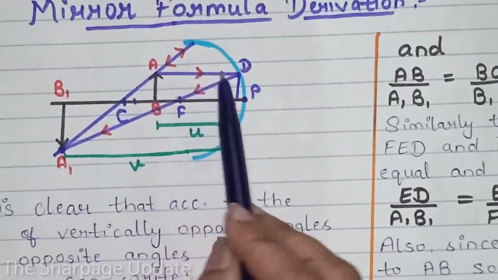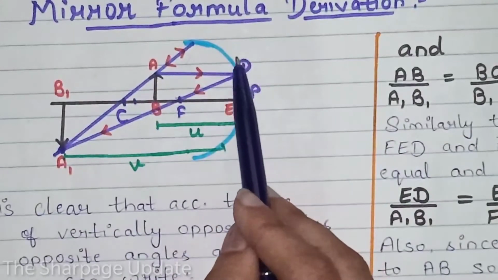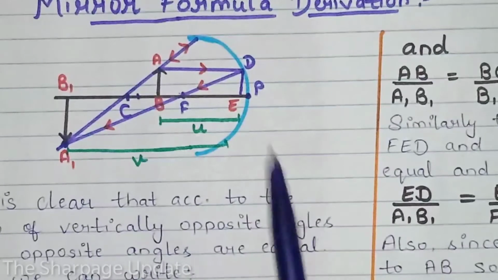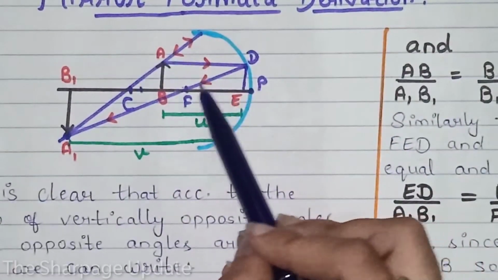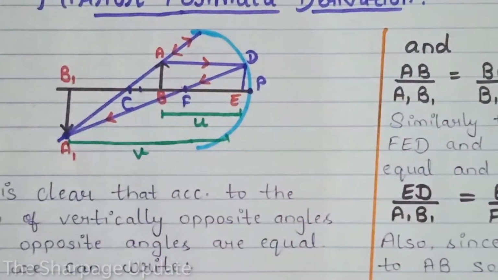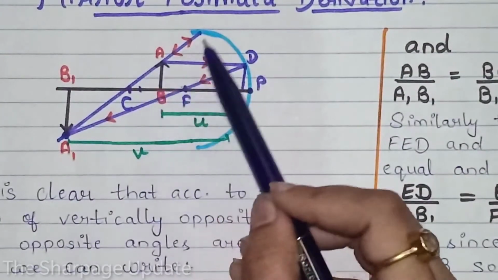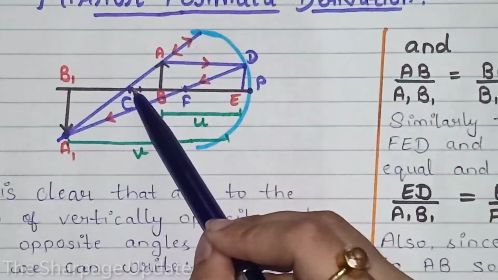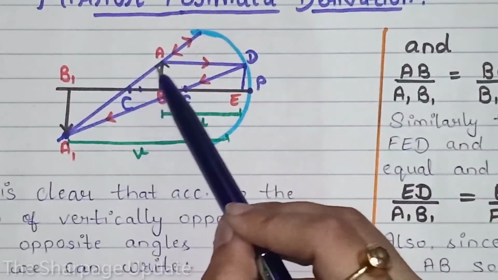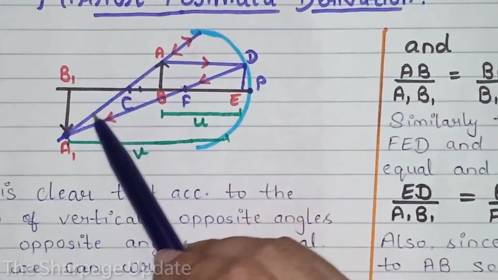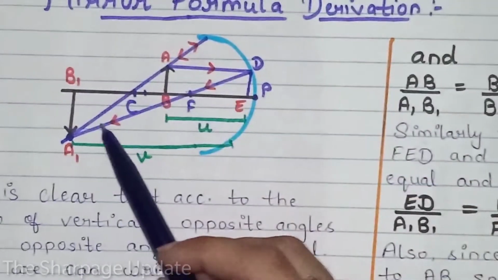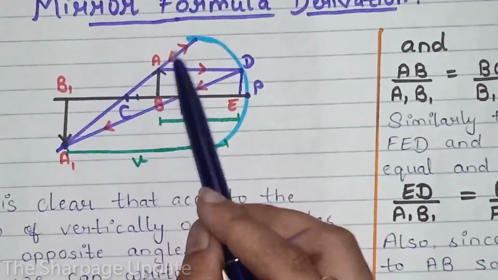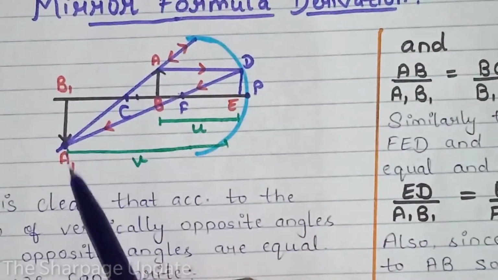We have taken the point at which the ray is incident as D, and after reflection it passes through the focus. The second ray of light incident on the mirror passes through the center of curvature and returns back following the same path. Now you can see the image is formed here because the two rays meet here.